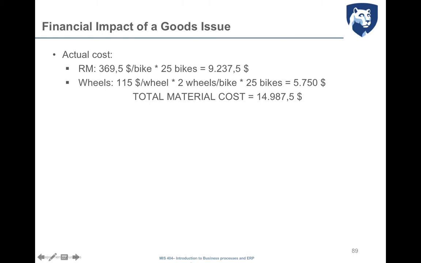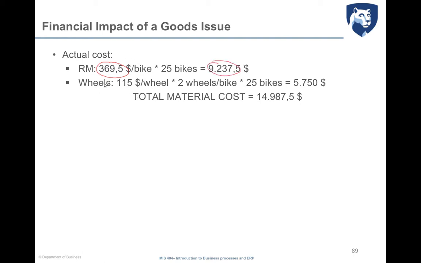When we issue goods, we realize that the raw material needed to produce one bike is $369.5 per bike. This means $19.5 more than the planned value. So the total cost of raw material will be this value multiplied by 25 bikes.